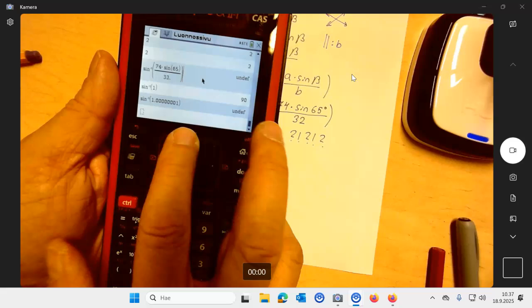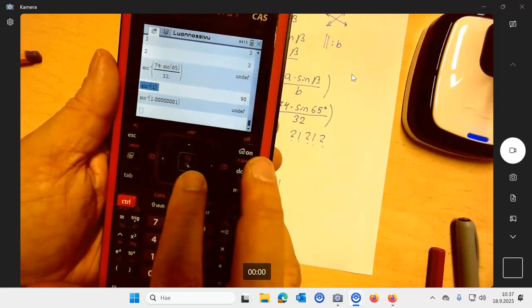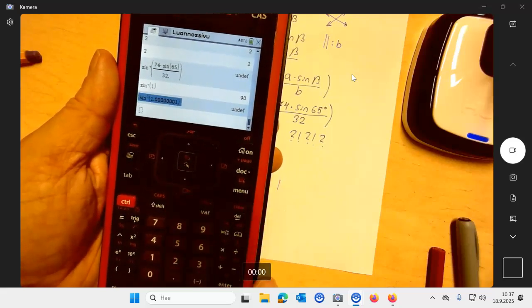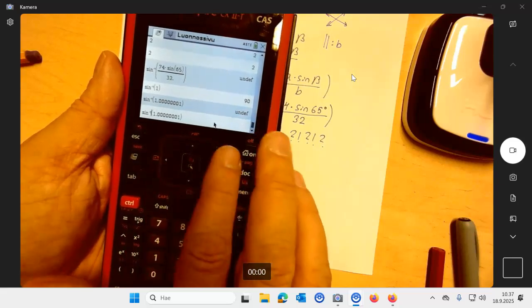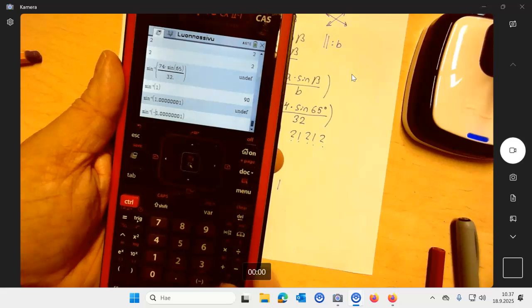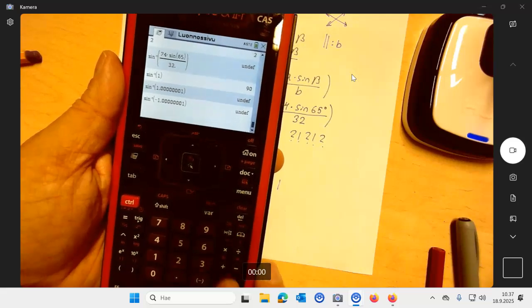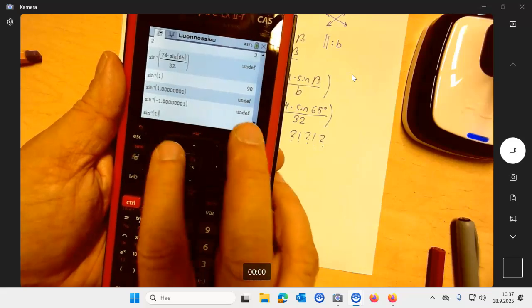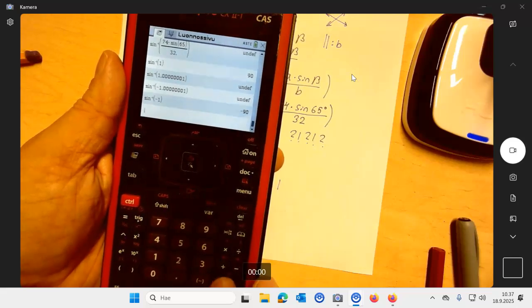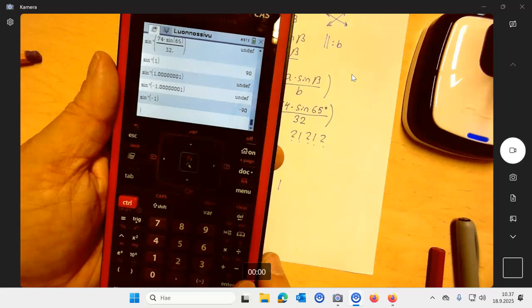And the same holds if I put a little bit smaller than -1 there. Undefined. But -1 is okay, it gives minus 90.